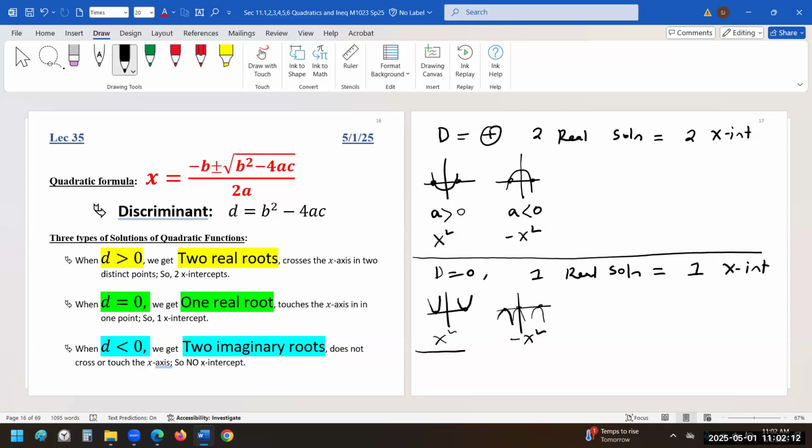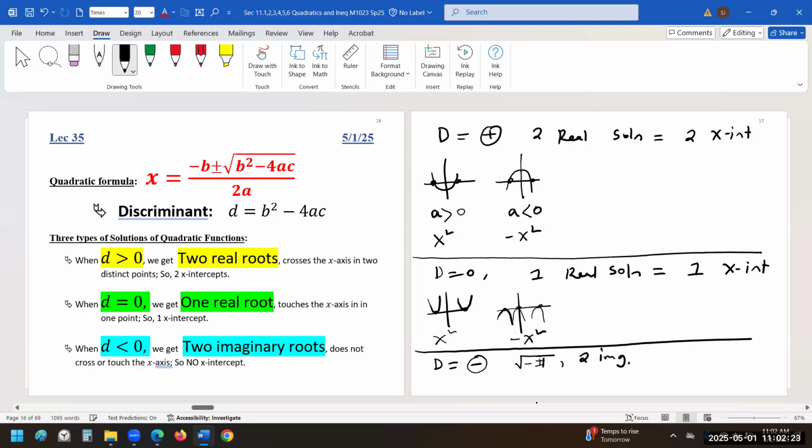And lastly, when your discriminant is a negative number, it means you have a negative number under the square root. As a result, you have 2 imaginary solutions. And since these are imaginary, not real solutions, that means you're not crossing the x-axis directly.